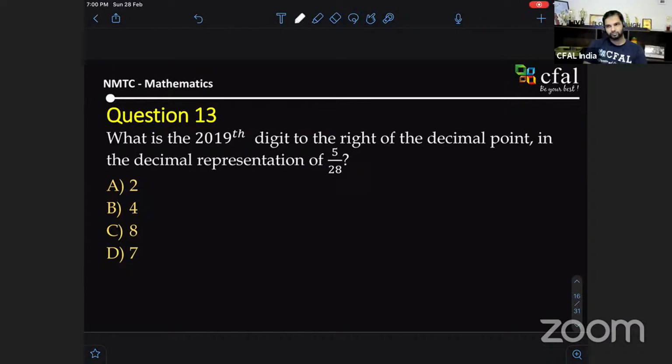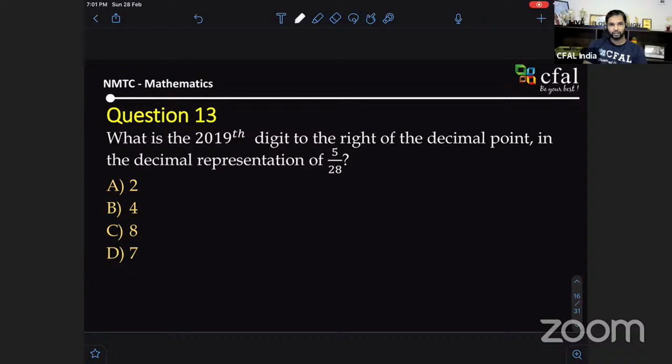If I actually divide and find the point where it recurs, even that is a bit long. Did you get the point where it recurs, after how many numbers? Yes, sir, I found the decimals like 0.178571428.